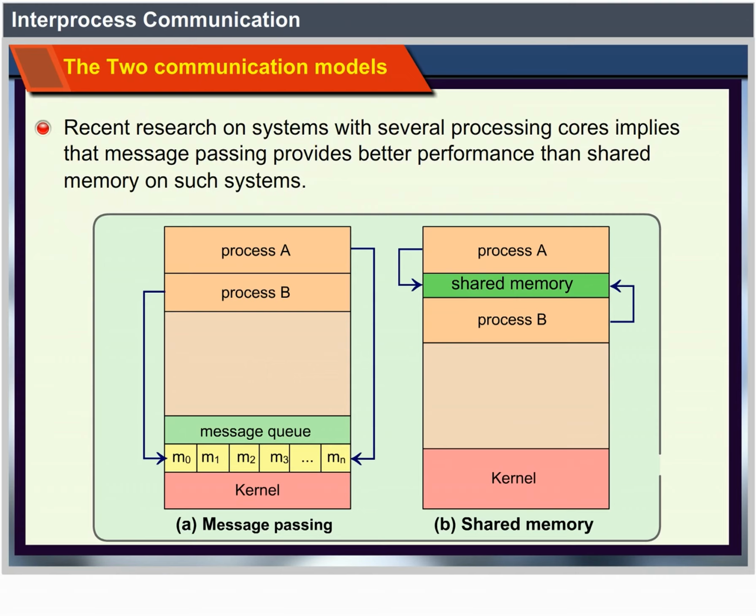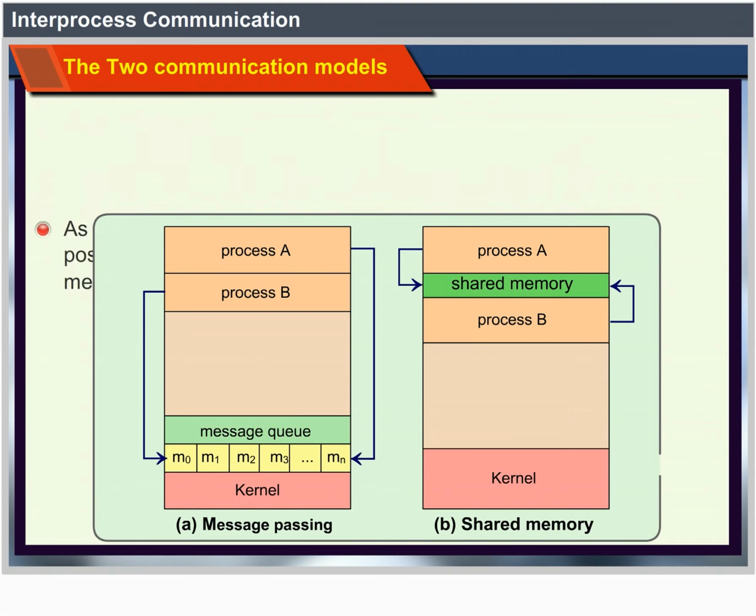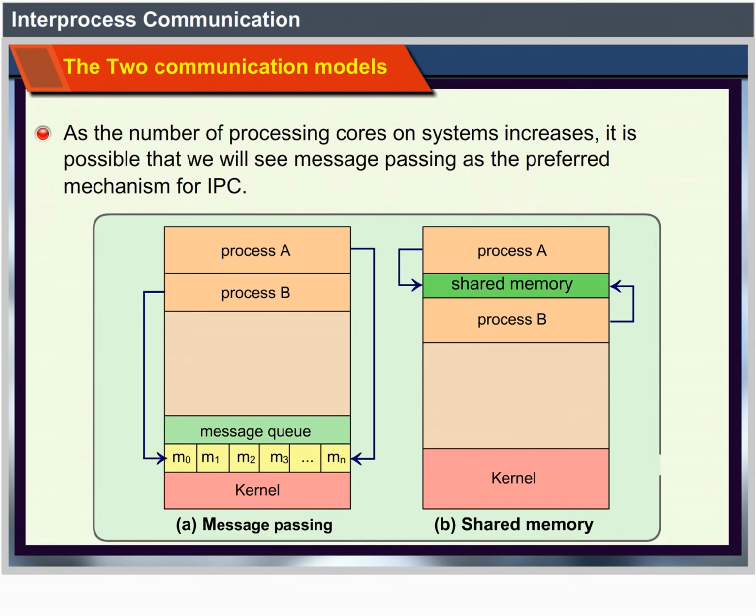Shared memory suffers from cache coherency issues, which arise because shared data migrate among the several caches. As the number of processing cores on systems increases, it is possible that we will see message passing as the preferred mechanism for IPC.